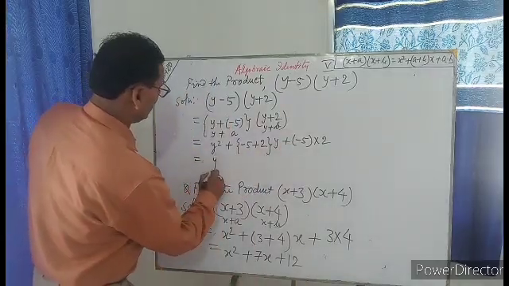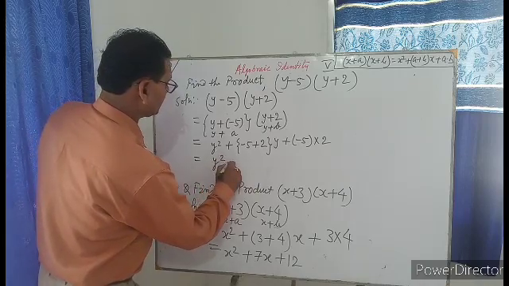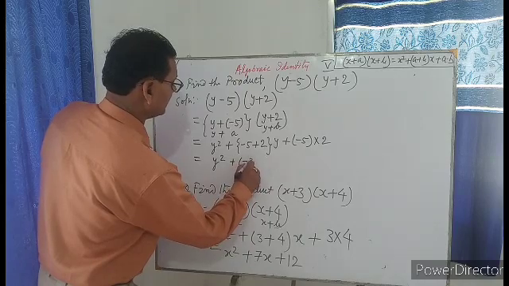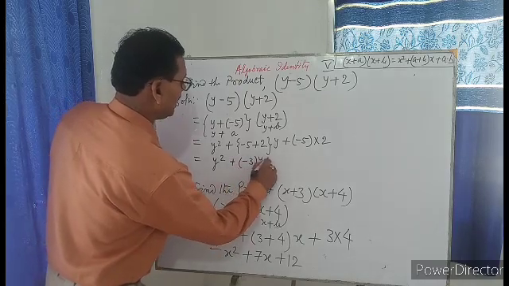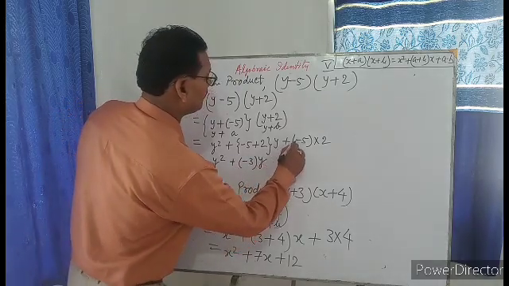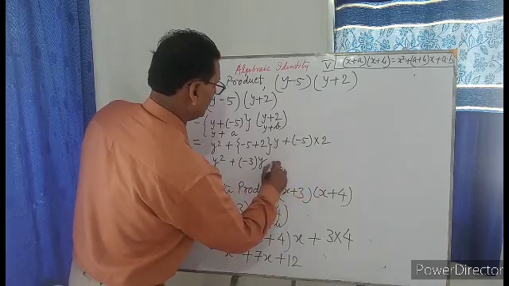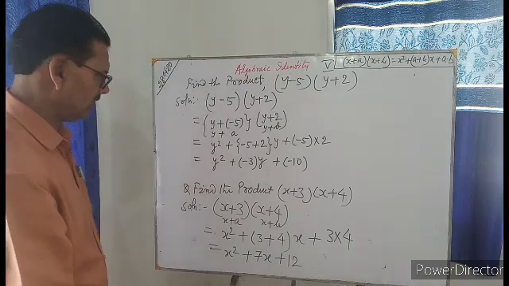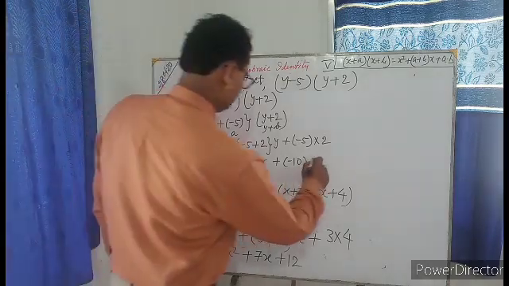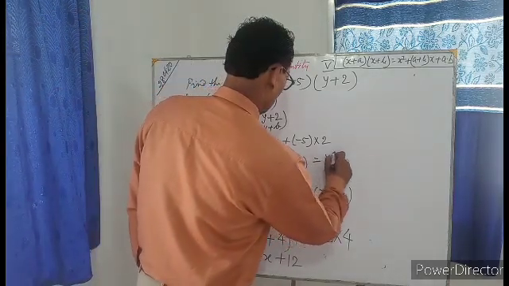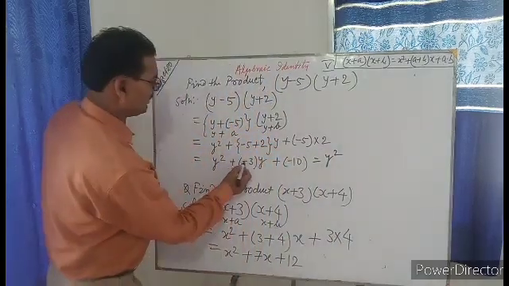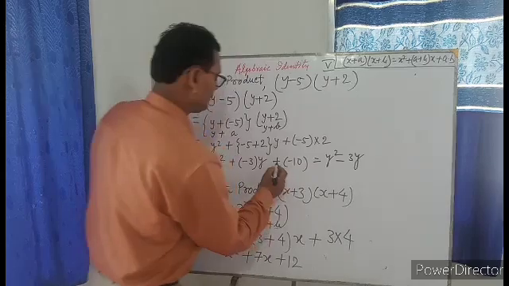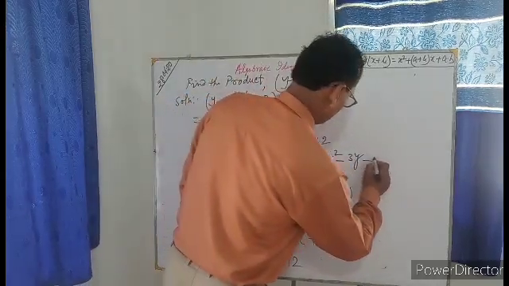It is y square plus minus 5 plus 2 will go to minus 3 into y, and here what will it become? Minus 5 into 2, minus 10. Okay, so this will give you y square, minus 3y, and here plus and minus, minus 10.